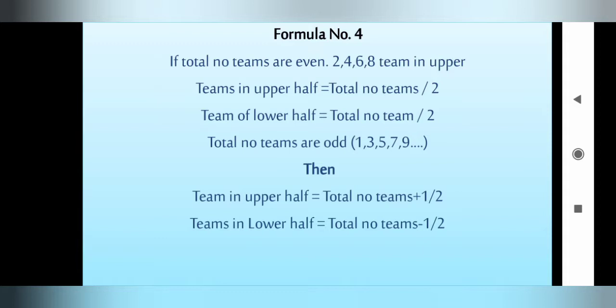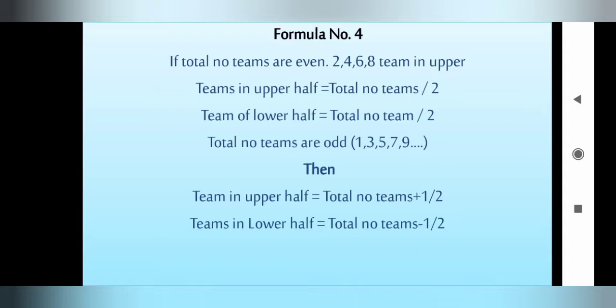Okay, so now if the total number of teams is odd, then the formula we use is teams in the upper half is equal to the total number of teams plus 1 upon 2.